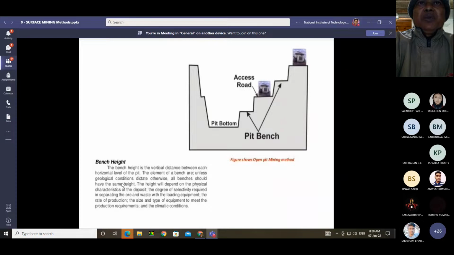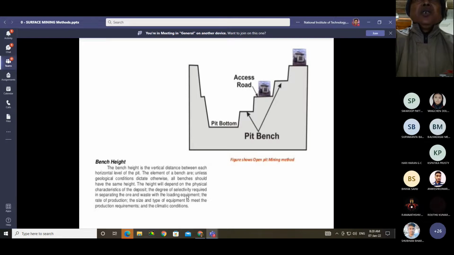The height will depend on the physical characteristics of the deposit, the degree of selectivity required in separating the ore and waste with the loading equipment, the rate of production, and the size and type of equipment used in open pit mining to meet the production requirements, how much mineral you want to produce, and the climatic condition of that area. Depending on that, the bench height is selected.